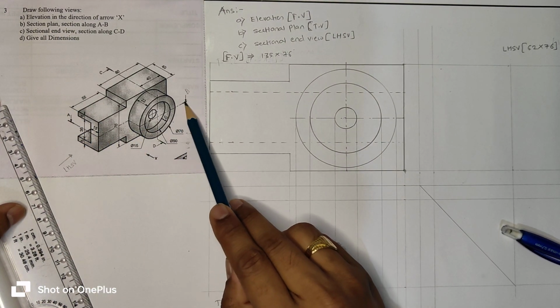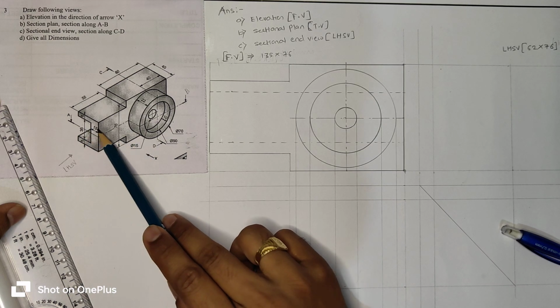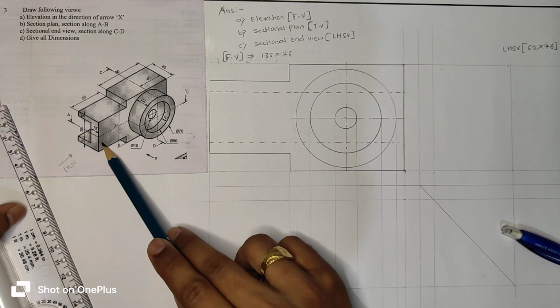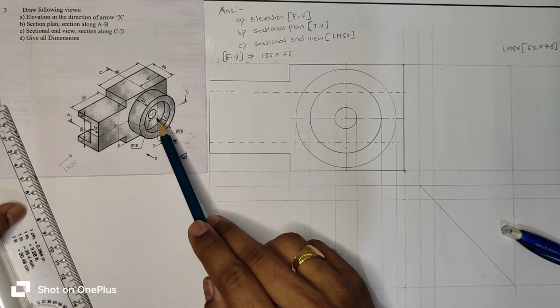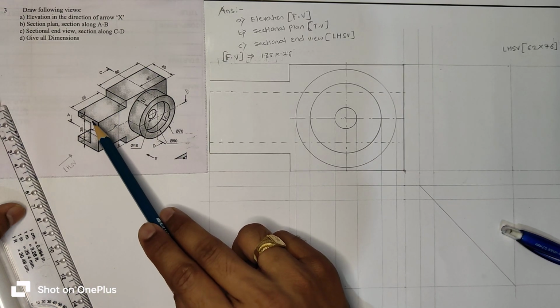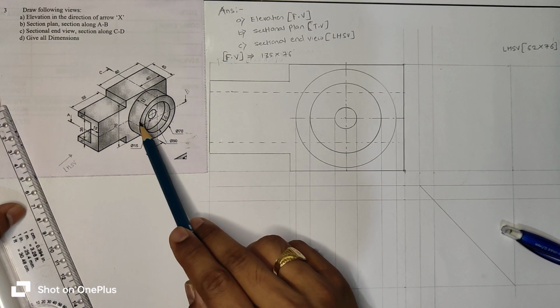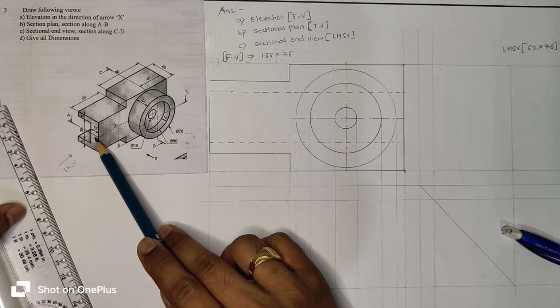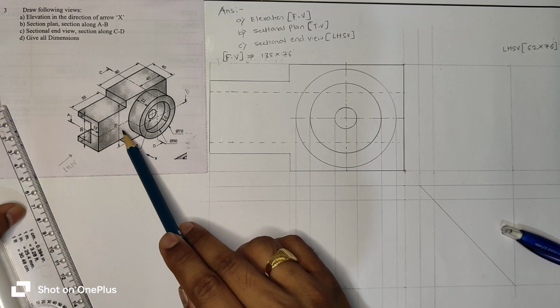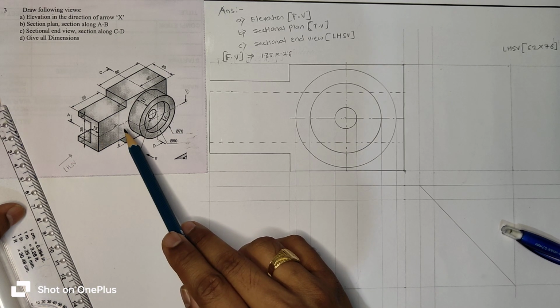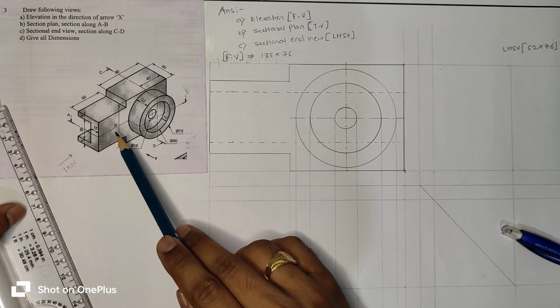So this is section AB. Now if we cut the object along this plane, then this lower portion is visible. We remove the upper portion and only the lower portion is visible, and the material which is cut, we will show by hatching.